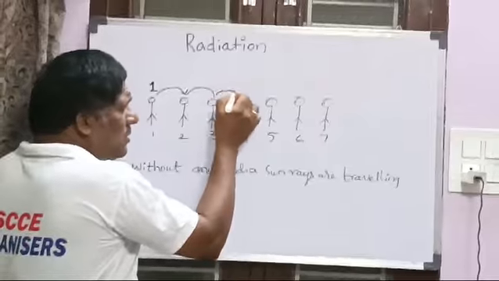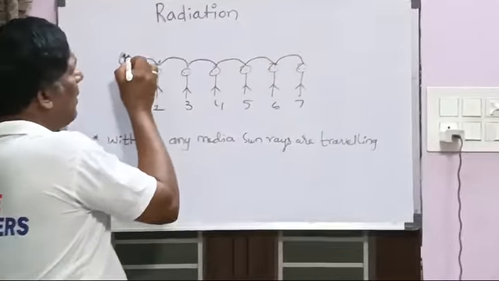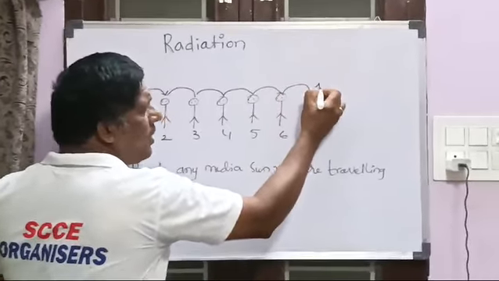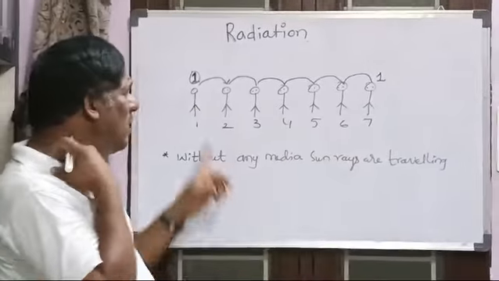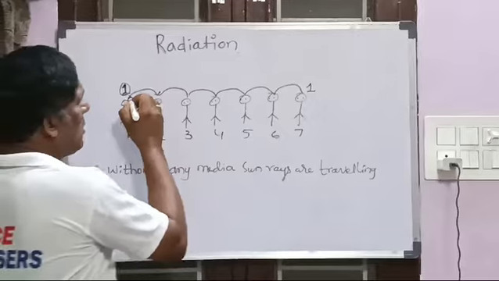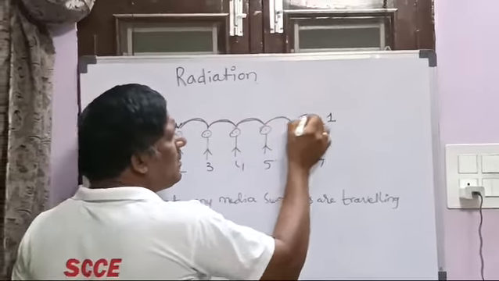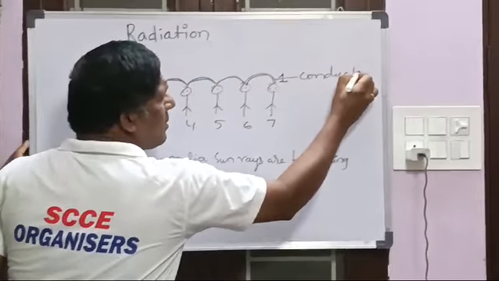Like that, person to person, without changing their positions, the piece of chalk travels from the first person to the last person. The position of the student is not changing. We call this conduction.